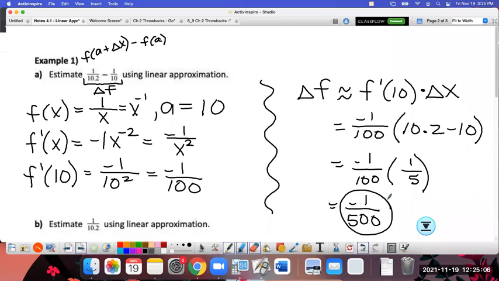Now, if you want to use the calculator, that is perfectly fine. I would just like to practice my mental math skills and my written math skills before moving to that calculator.